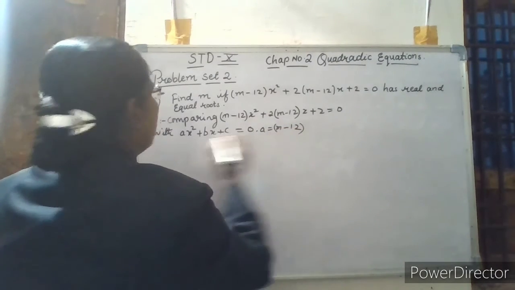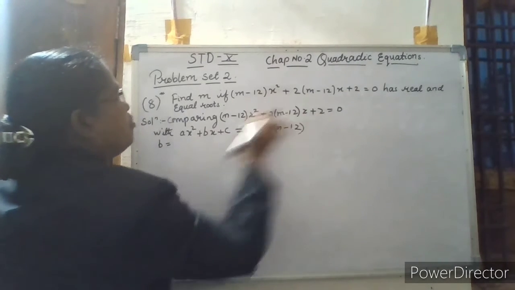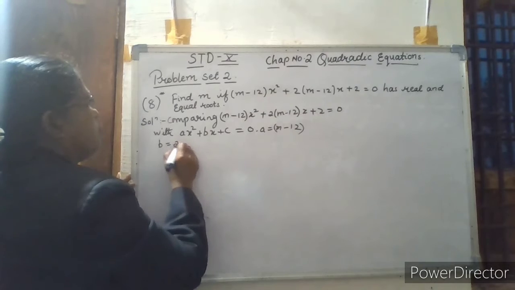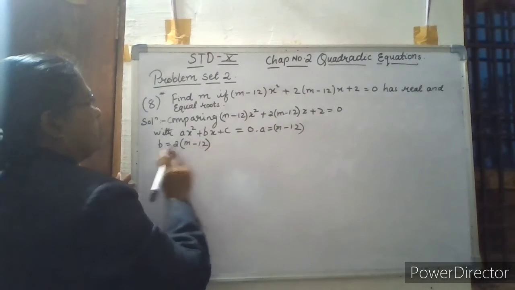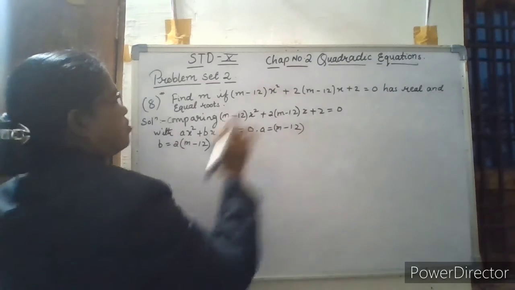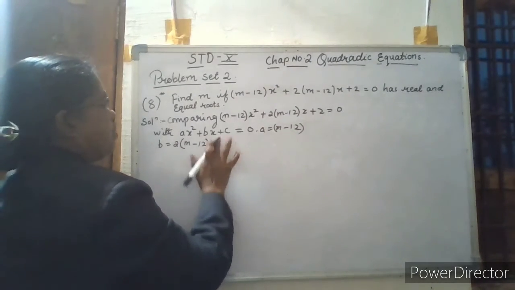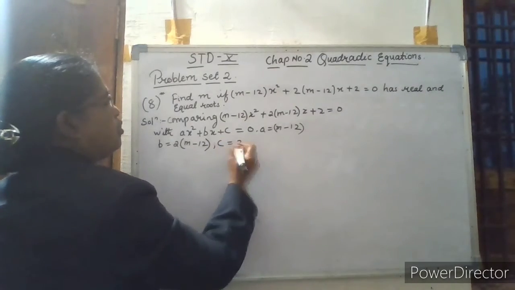Then b value is 2 into (m minus 12), and c's value is equal to 2.